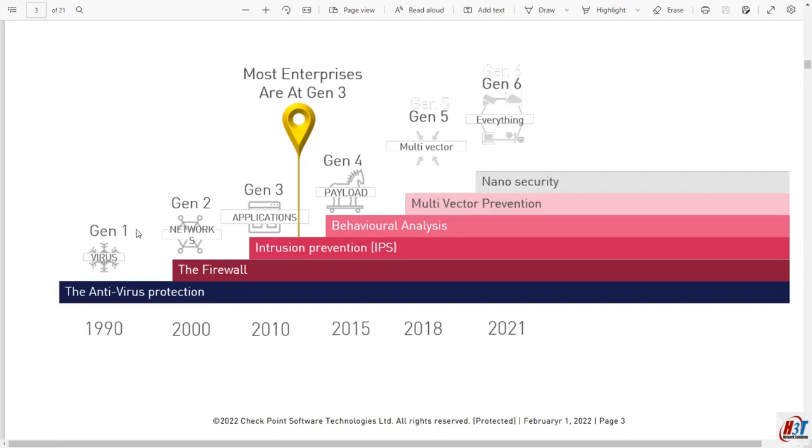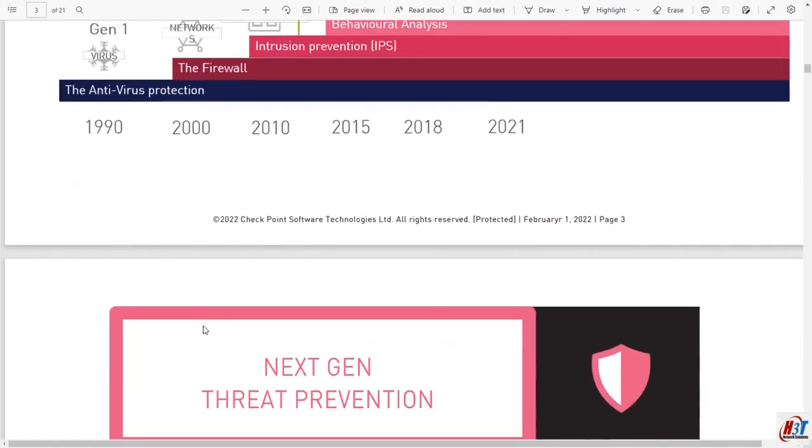Then in 2015, we have the payload attacks, and the solution for that was behavior analysis. In 2018, the Gen 5 multi-vector attacks started, and we had the multi-vector prevention system there. Now in Gen 6, the attack surface has extended to everything. Now what we need is something called nano security in 2021.